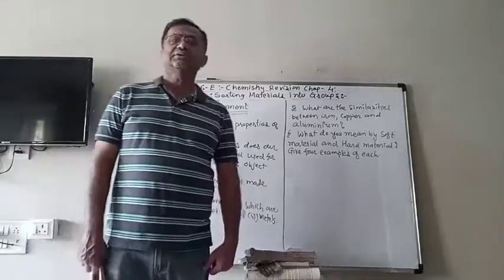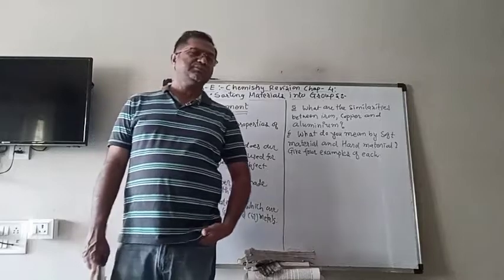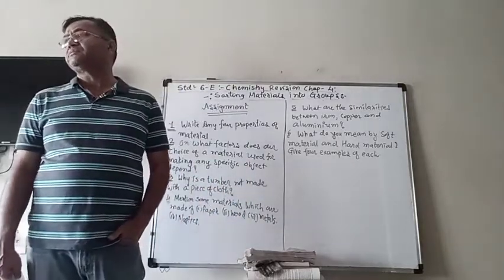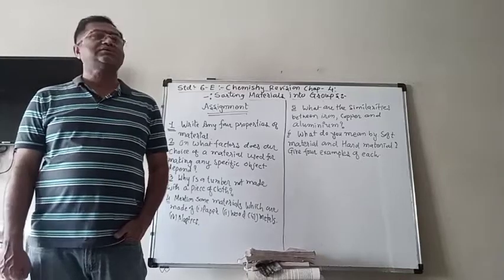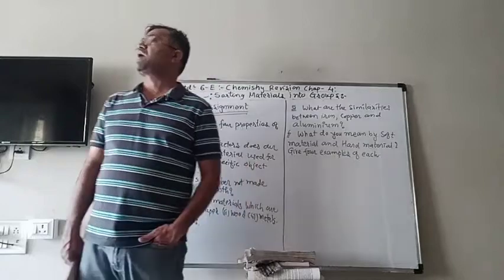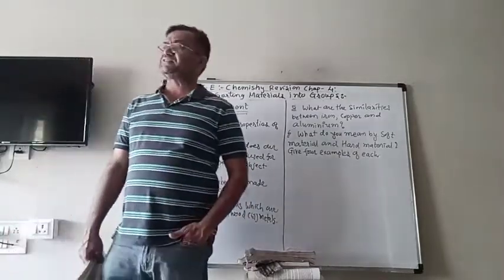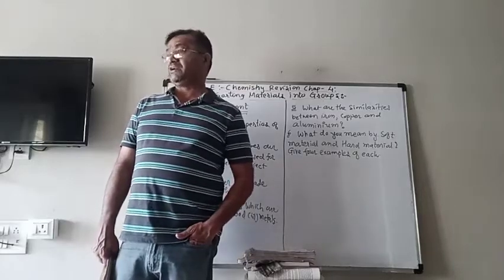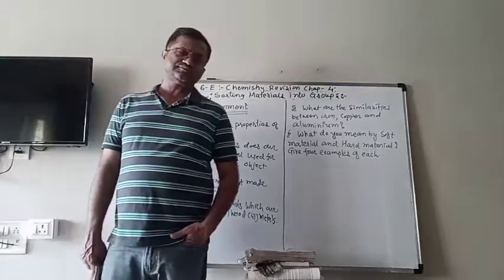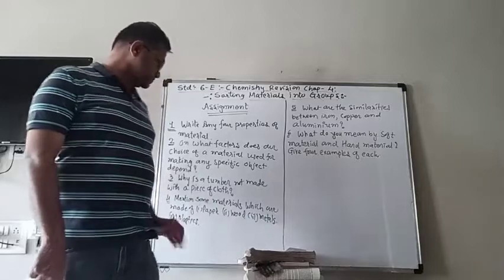Other things are metals. The objects made from metals are like some cupboards, tables, pipes, wires, water bottles, cooking utensils, that are all made up of metals.